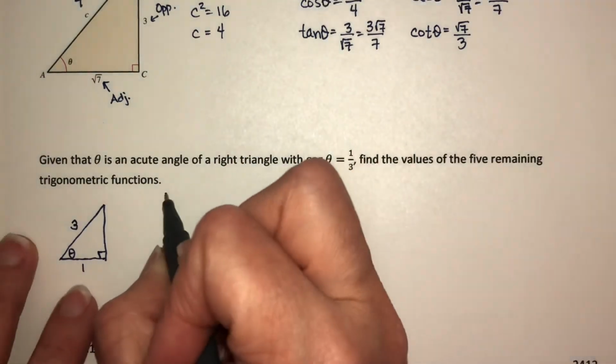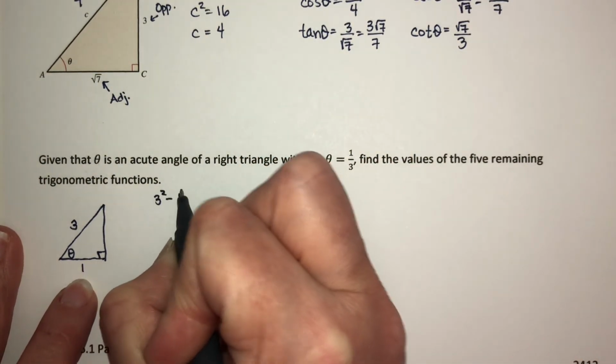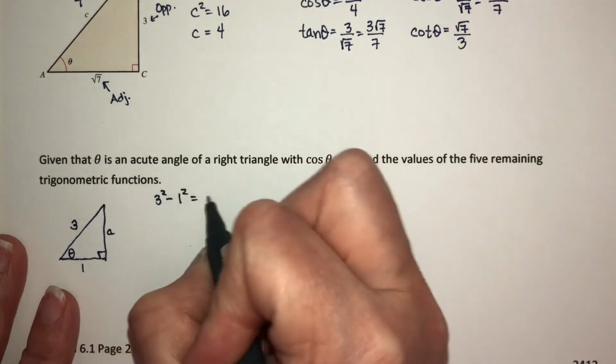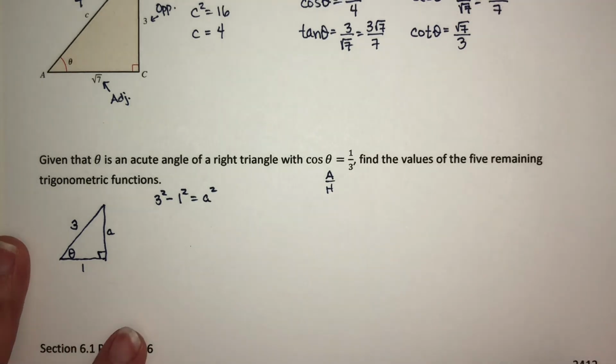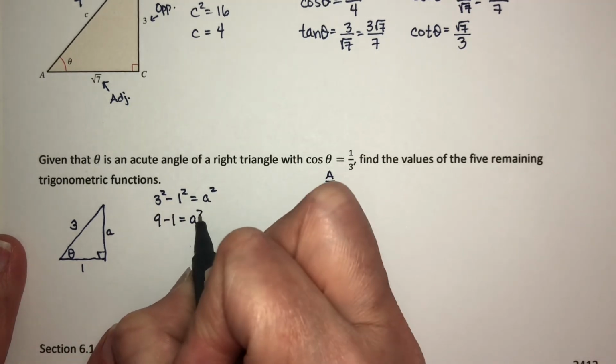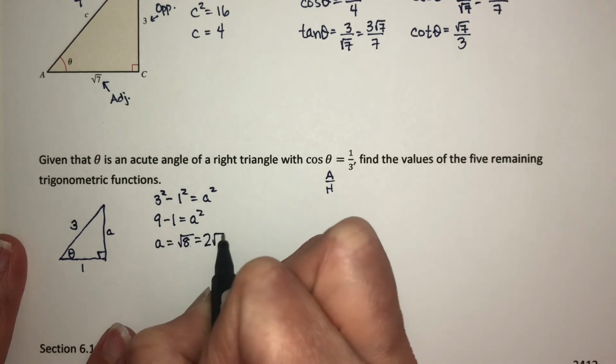So using the Pythagorean Theorem, I have 3 squared minus 1 squared is equal to, let's just call that a for right now, a squared. So 9 minus 1 is a squared. A is the square root of 8, which is 2 square roots of 2.